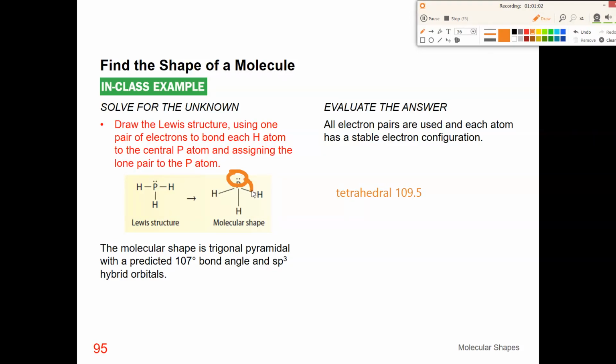Lone pair is going to repel this bonding pair more. So this kind of squeezes the PH bonds together. So this bond angle becomes smaller than 109.5. In this case, it becomes about 93 degrees. So the geometry is trigonal pyramidal, and the bond angle is smaller. You don't need to predict the exact number, just smaller than 109.5. It should be good.